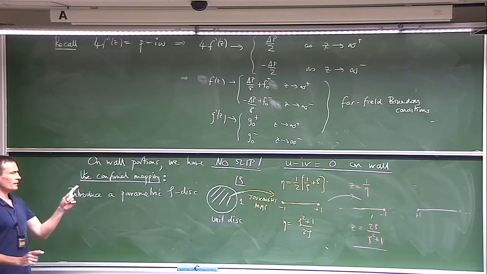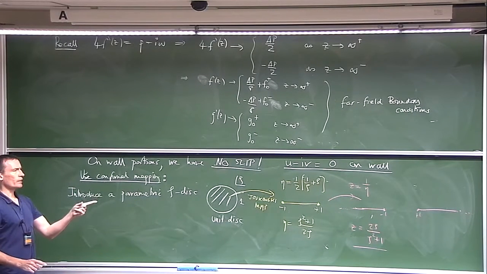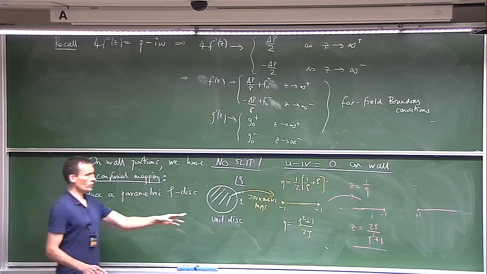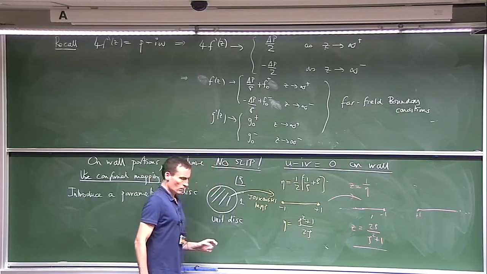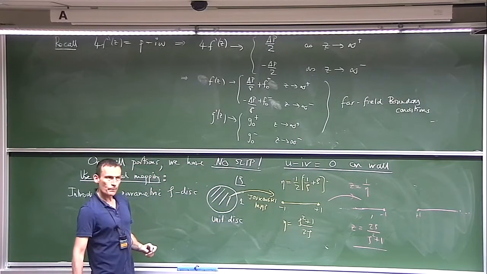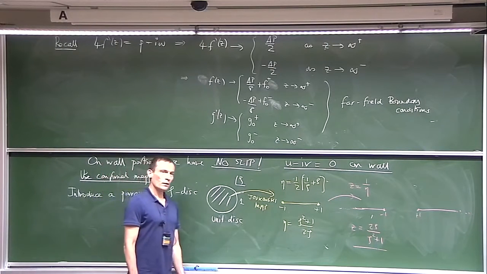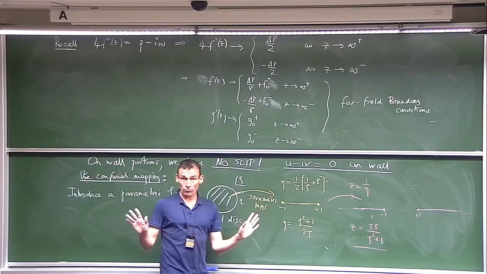Let's just study this a little bit. What do you notice about that function, z, as a function of zeta? Two zeta over zeta squared plus 1. Well, it's a rational function.